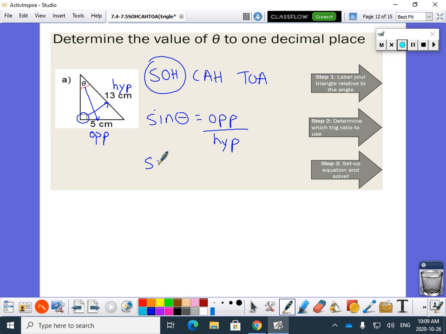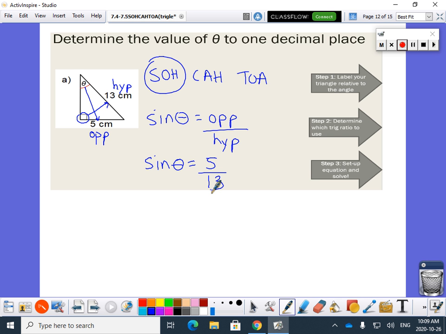Fill in what we have. Sine theta. Well, we're trying to figure out theta, and we don't know what theta is. We were used to putting in the value there because we were given this in our last questions. Well, not now. What's my op value? Good. 5 over 13.